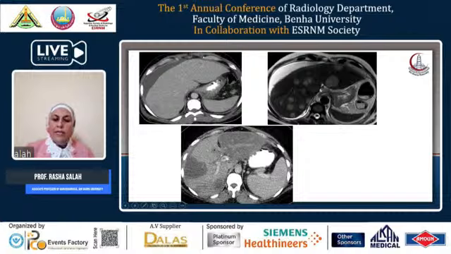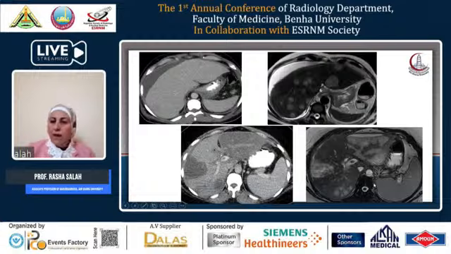Another entity where CT is superior is vascular assessment. Like in this patient, we can see nicely the portal vein thrombosis as well as the hepatic parenchymal affection in a post-traumatic patient. But here in MRI, even without the use of contrast injection, we can see this nice tumor, this nice portal vein thrombosis.